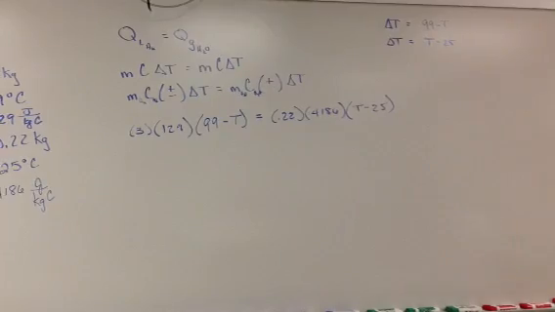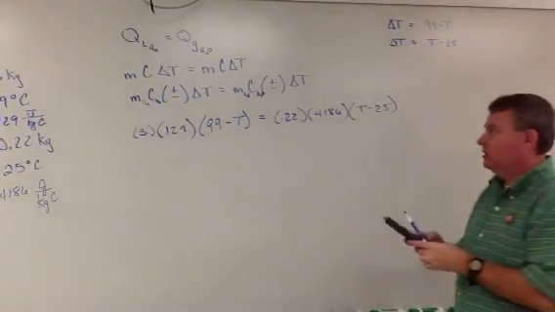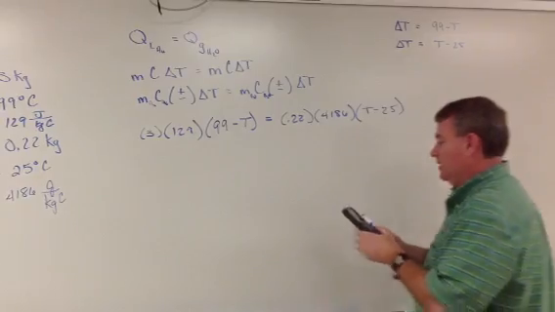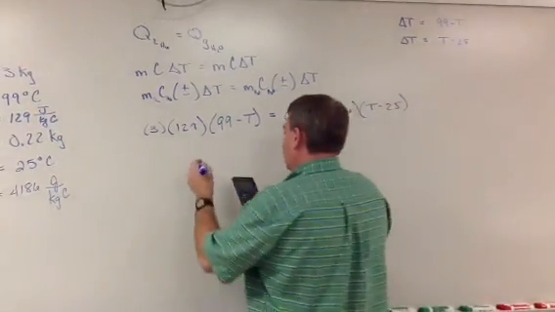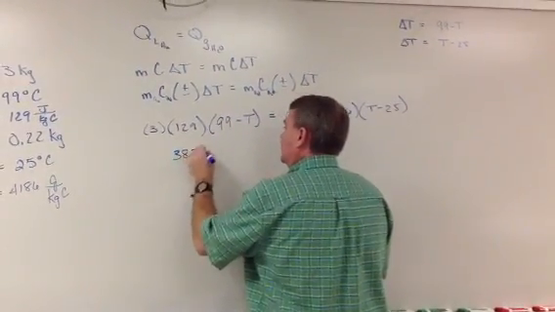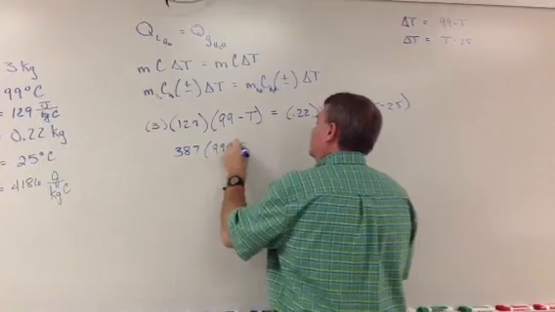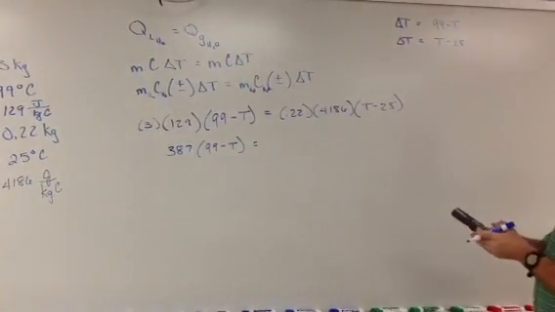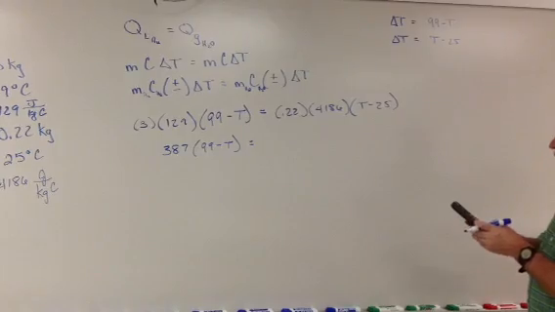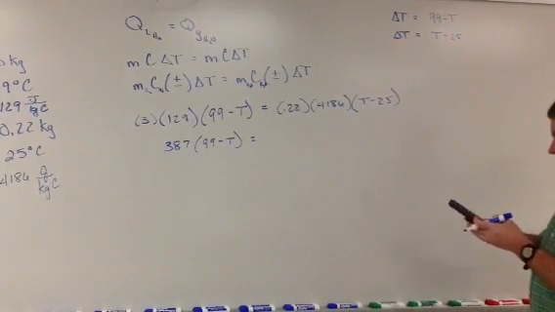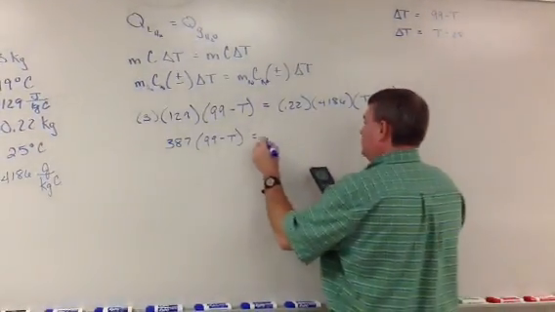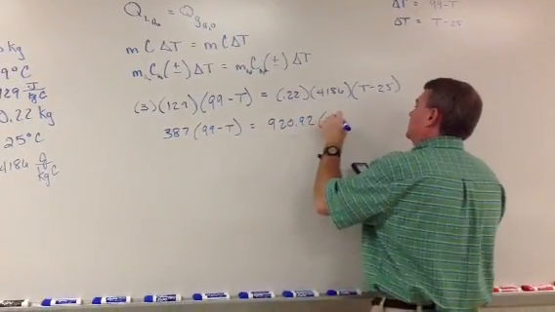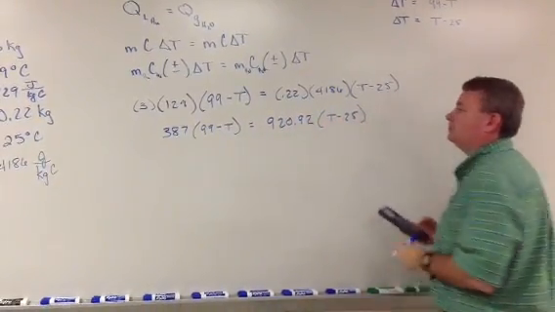So we throw all these numbers in the calculator and distribute. 3 times 129 is 387, times 99 minus T, is equal to 0.22 times 4186. That gives us 920.92, times T minus 25.